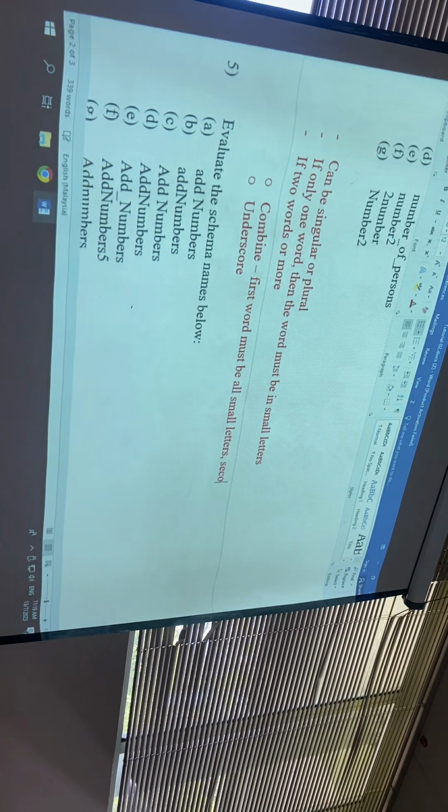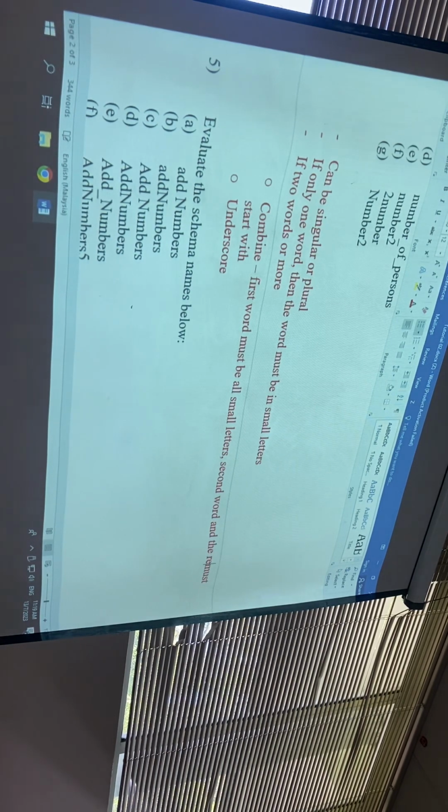The second word and the rest must start with a capital letter, not the whole thing in capital letters.